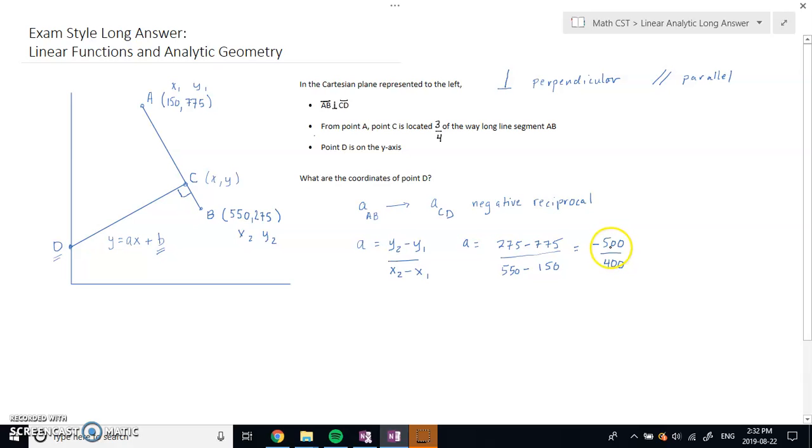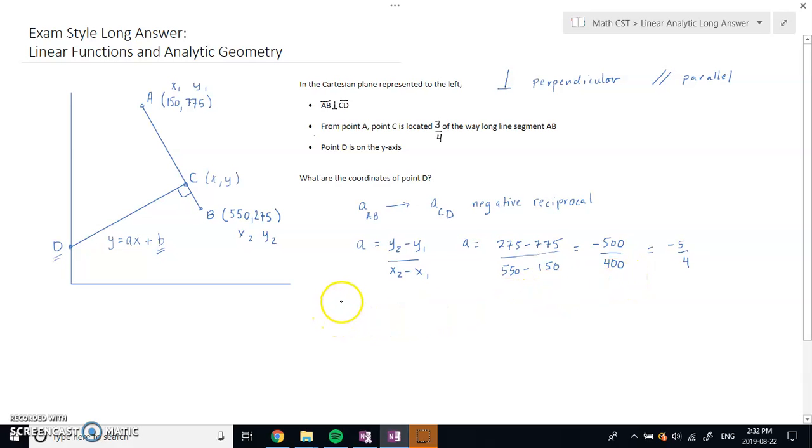Now you can see that this negative 500 over 400 is a very large fraction. If you're not comfortable with reducing that just by yourself, you can use the fraction button on your calculator to do a reduction for you. For this one, I see it's quite easy because they're just zeros, so 500 over 400 is the same thing as 5 over 4, or in this case, negative 5 over 4.